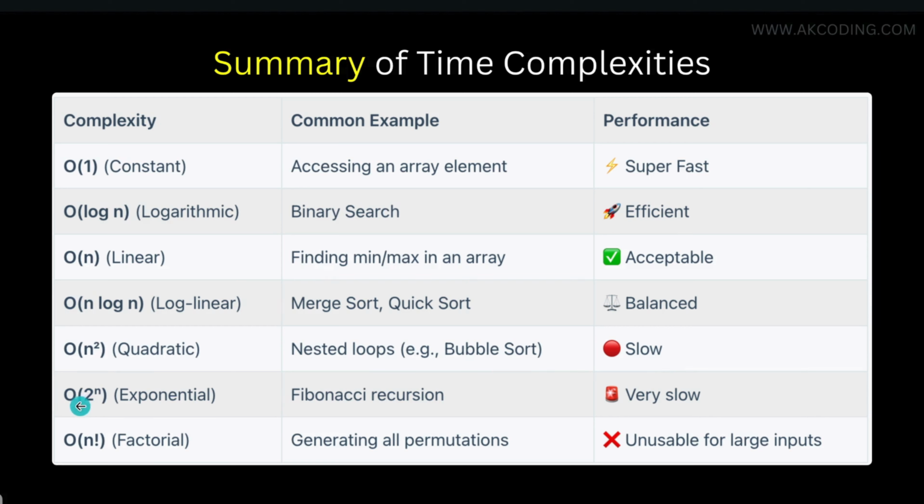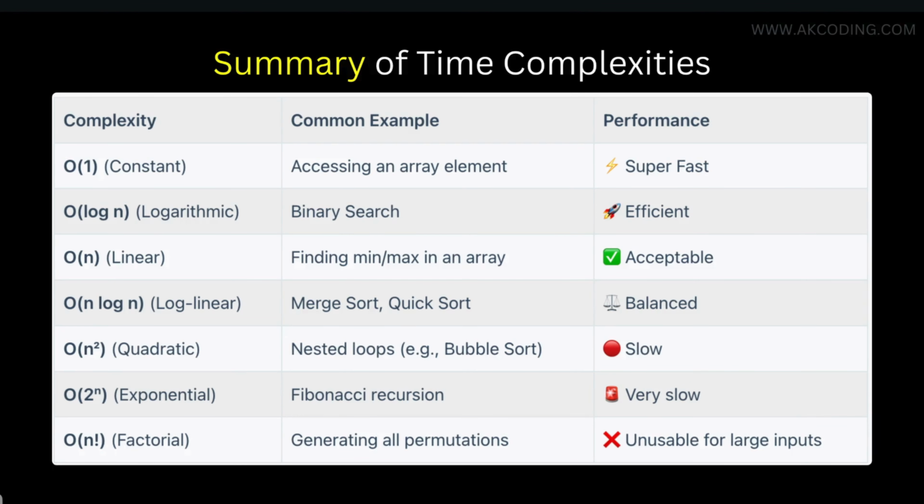Exponential time, that is O of 2 power n. In the case of Fibonacci series, it is very slow. O of factorial n, generating all the permutations, is unacceptable for large inputs of data.